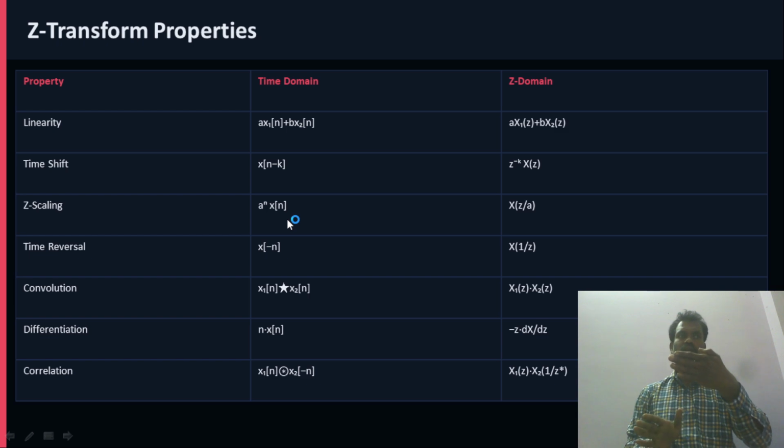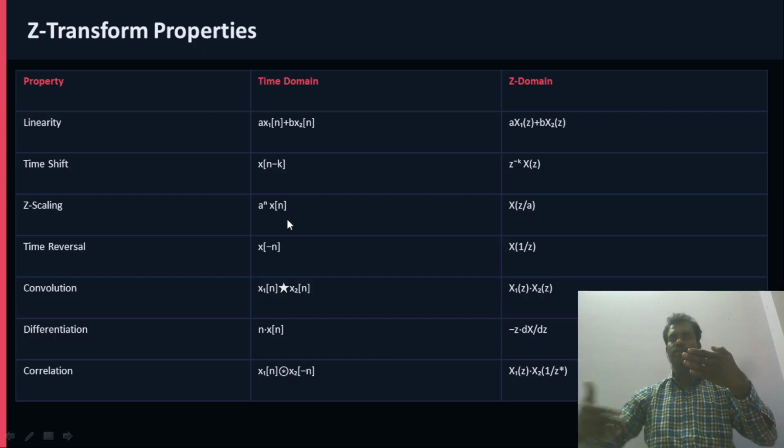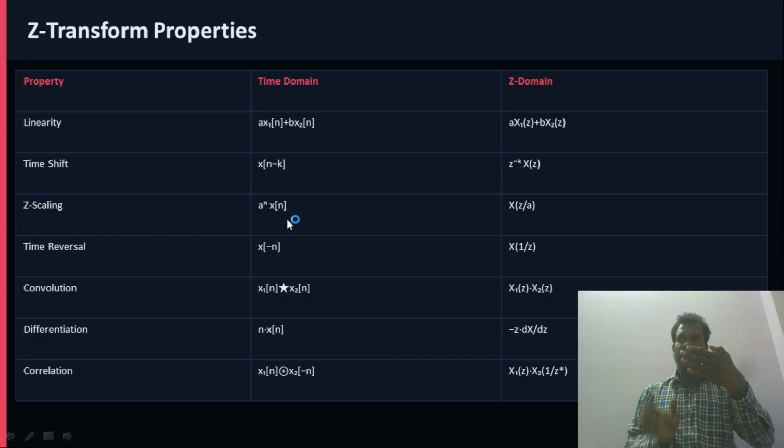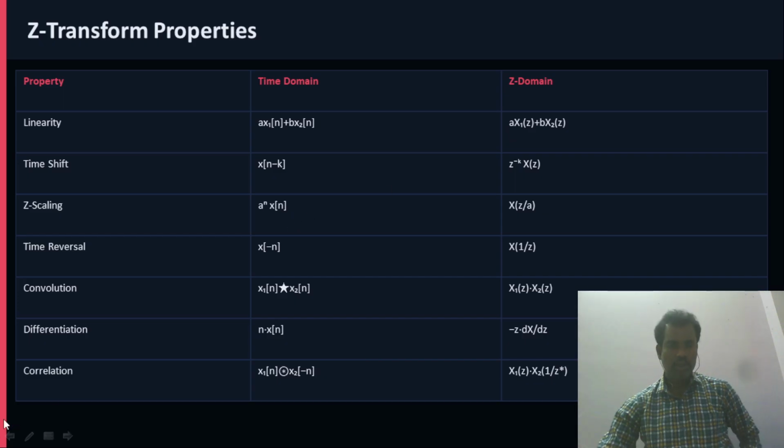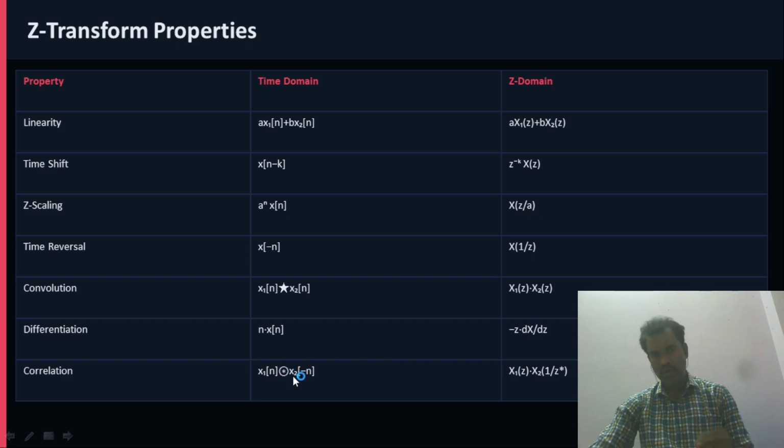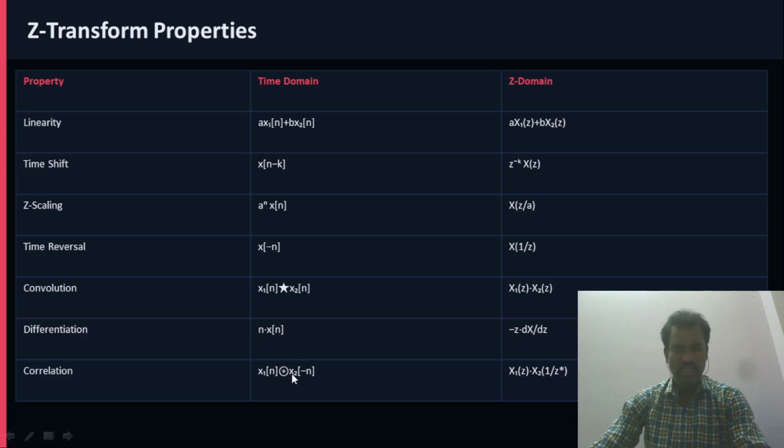So the original sequence is shifting from minus infinity to plus infinity and being multiplied, which is equivalent to correlation. That's why correlation is indicated as x1 of n convolution with x2 of minus n, the folded version of the second sequence.